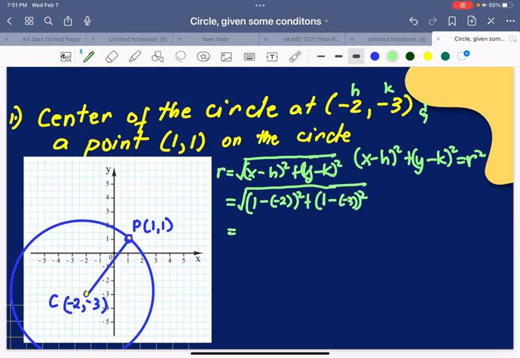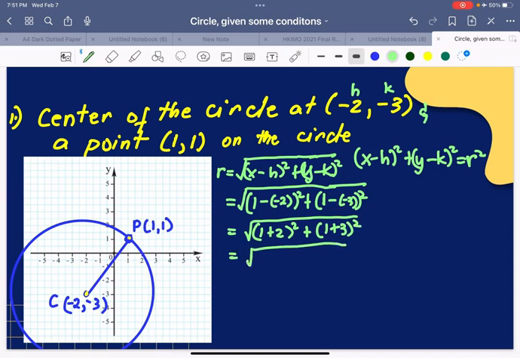Okay, then let's simplify. 1 minus -2 is equivalent to 1 plus 2, squared, plus 1 minus -3, so this will become 1 plus 3, squared.